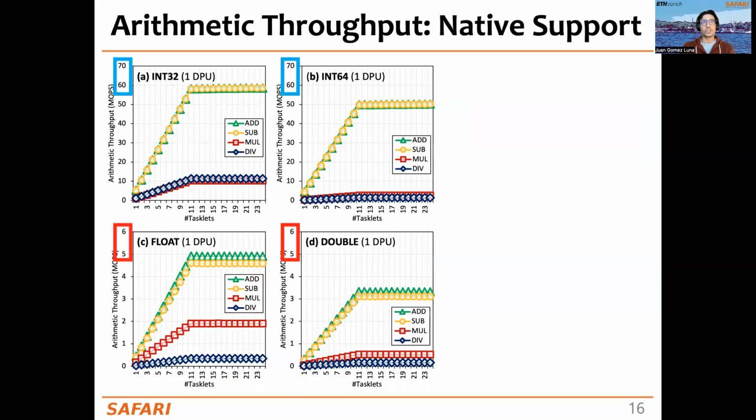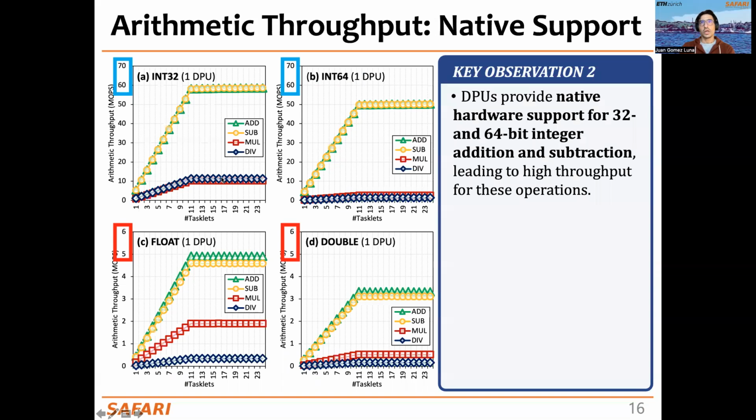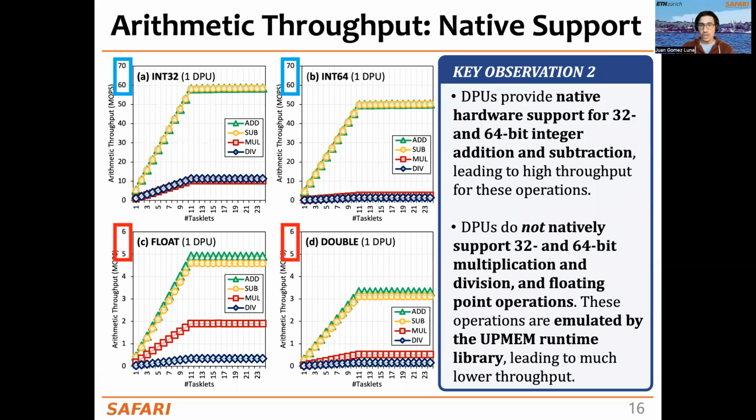Another observation is that there is a significant throughput difference between integers and double. And in fact, there is also a significant arithmetic throughput difference between addition and subtraction of integers and multiplication and division. There is a reason for that.